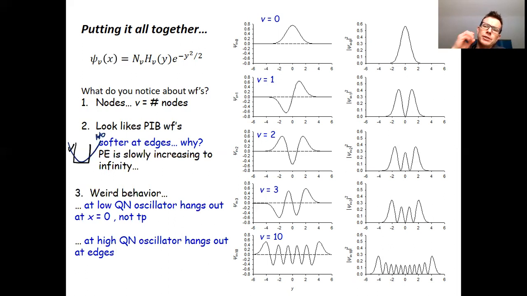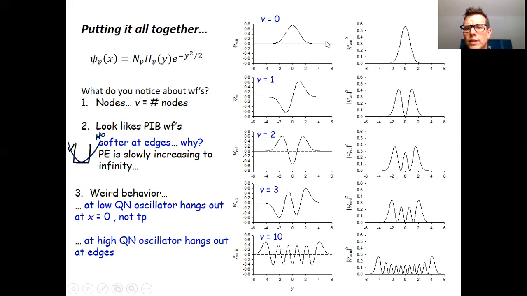The last thing I'd point out to you is that there is, in fact, some sort of weird behavior here. We said in the previous video that classical harmonic oscillators hang out at the turning points. They slow down and they spend their time there. They move very quickly through the origin. Look at this one.